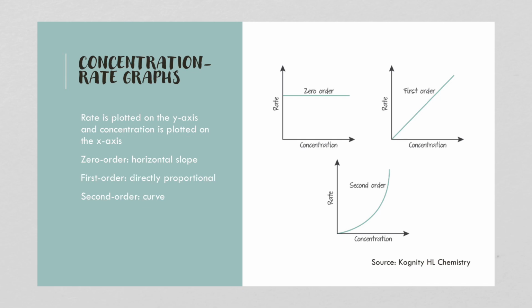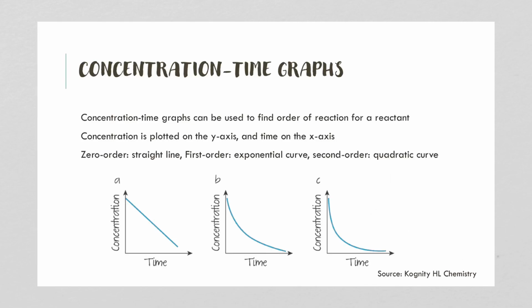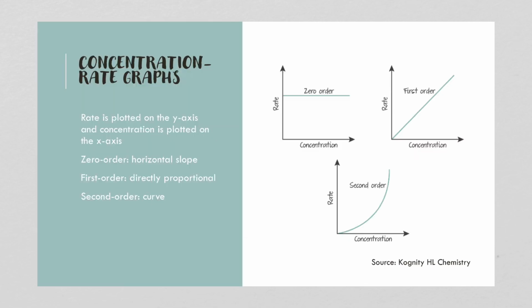In this case, concentration would be on the x-axis and the rate would be on the y-axis. Remember, you'll have to pay attention if you're presented a question. Is it a concentration time graph or is it a concentration rate graph? Because you will see different shapes based on those two.